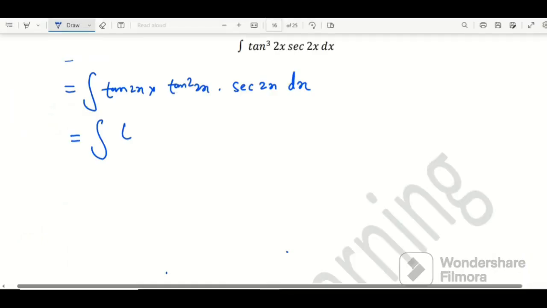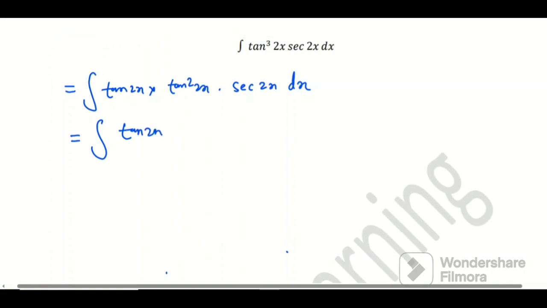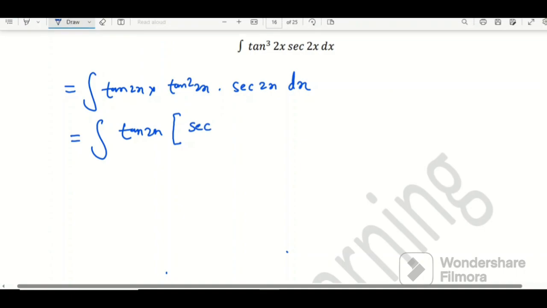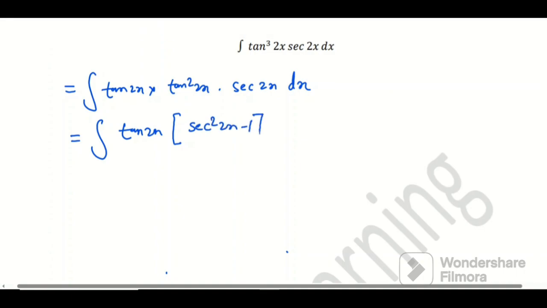So we'll have tan 2x into tan square x, which will be sec square 2x minus 1.